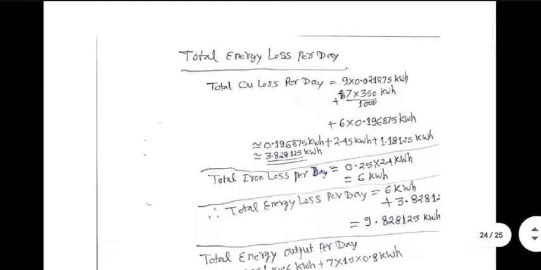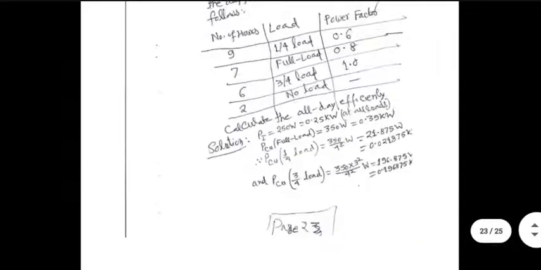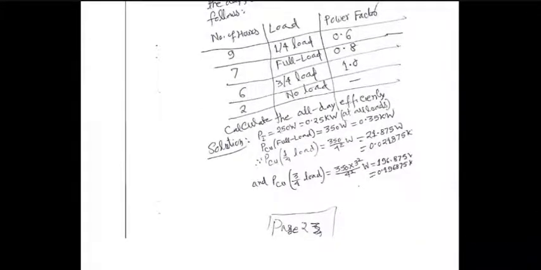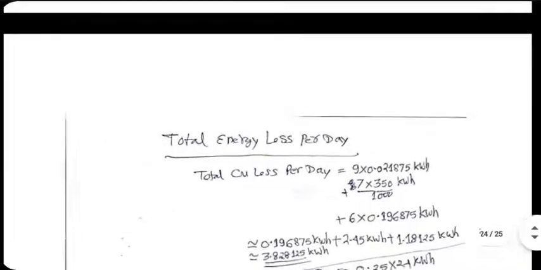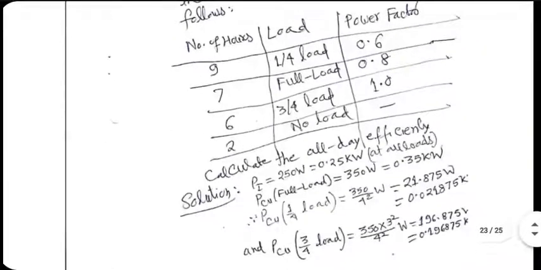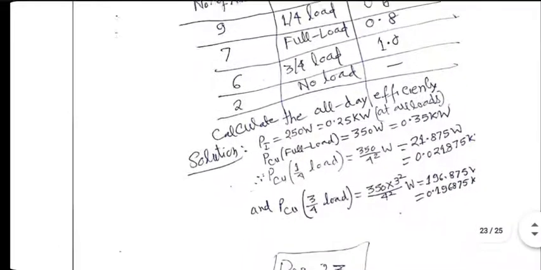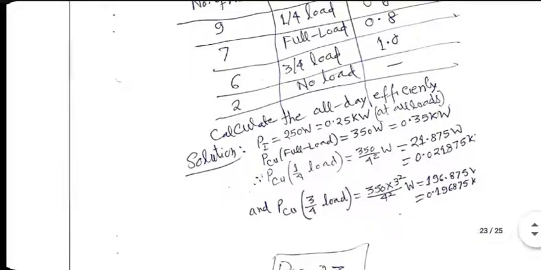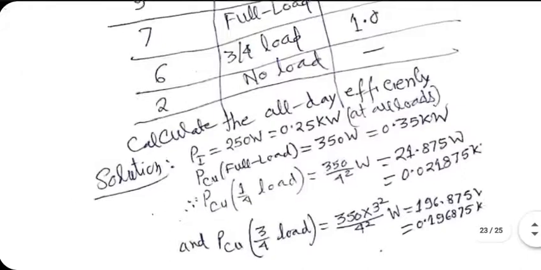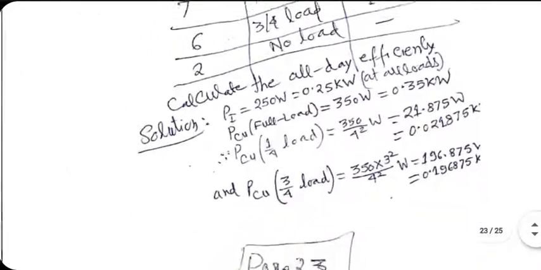I'm calculating in kilowatt hour. So let me take all the losses in kilowatt rather than watts. So total copper loss, if you look carefully, for 9 hours, it is 1/4 load. So you will multiply 9 with the power value for 1 by 4 load, which is 0.021875 kilowatt.